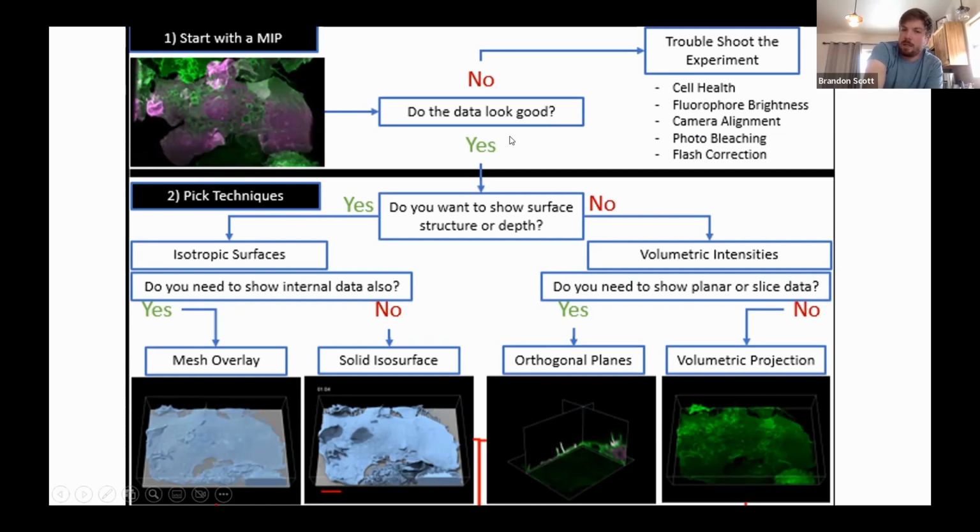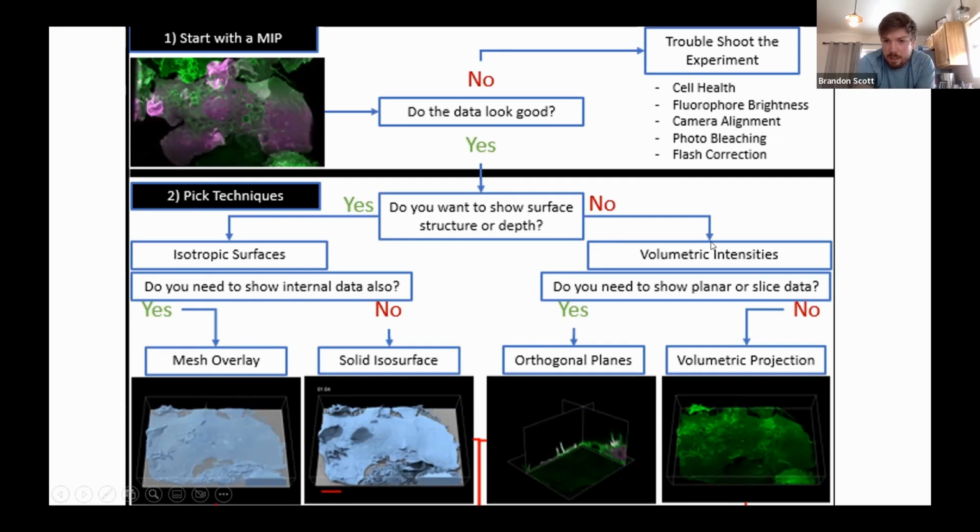And so you ask, okay, does the data look good? Is it time to move on? These are really the different things that we're trying to do. If it's looking at the surface structure or depth with respect to 2 different objects, then you might look at these isosurfaces.